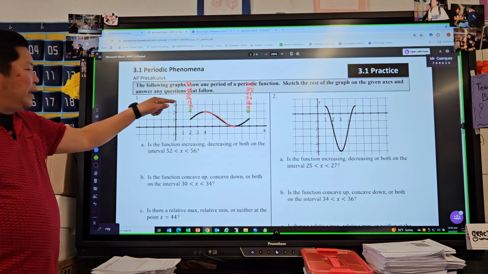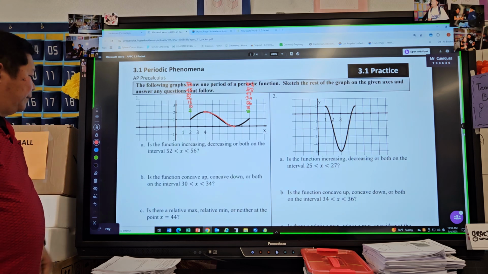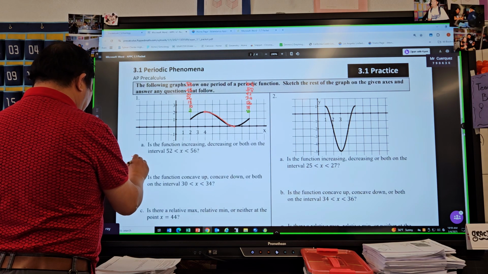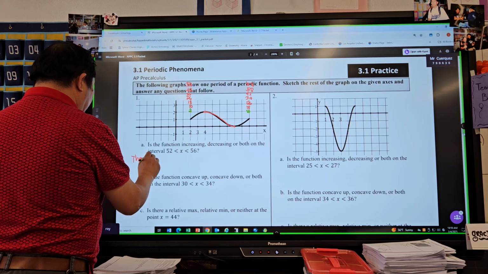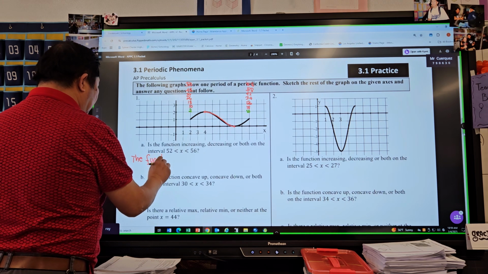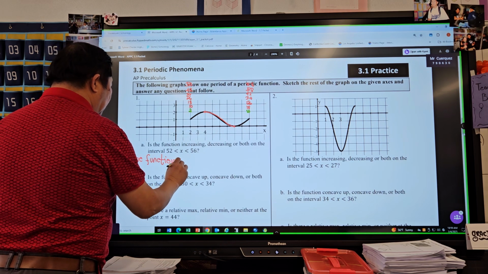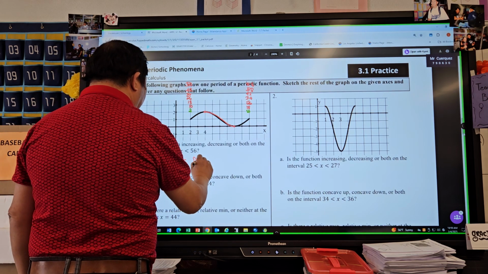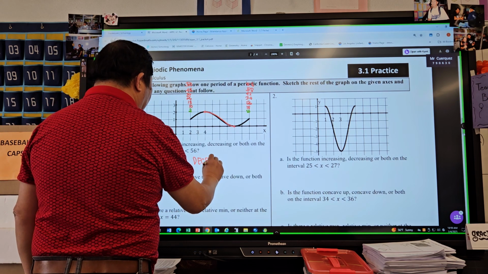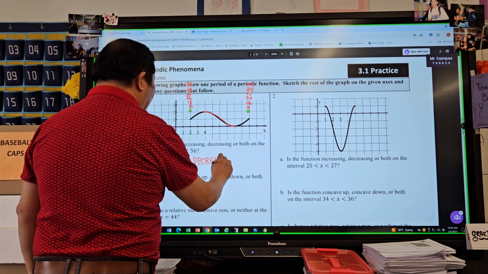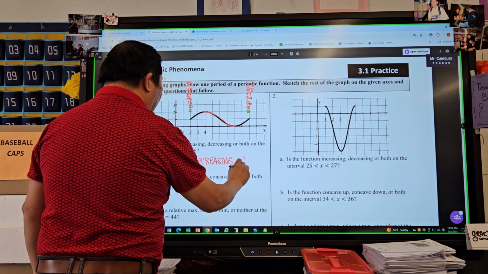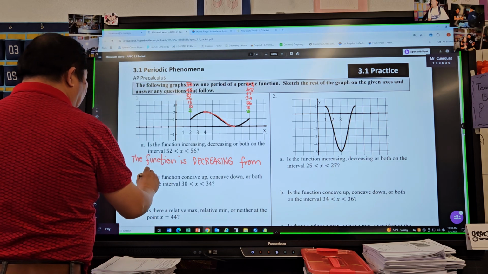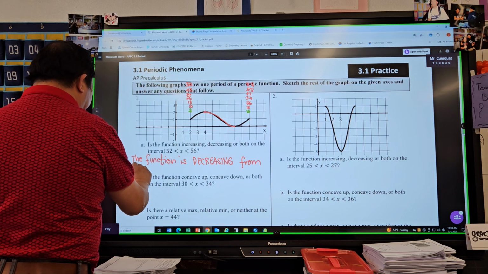The function is decreasing from the interval.